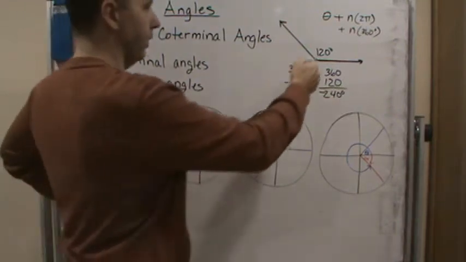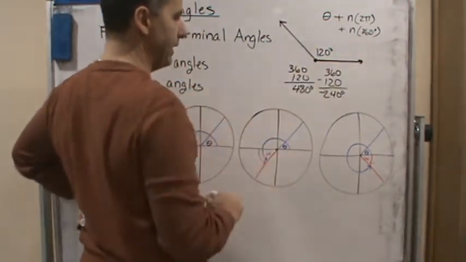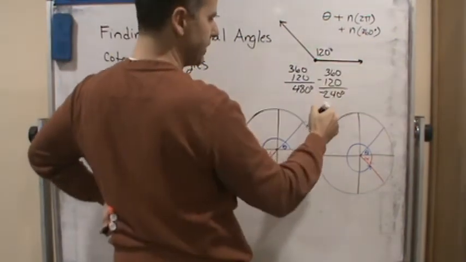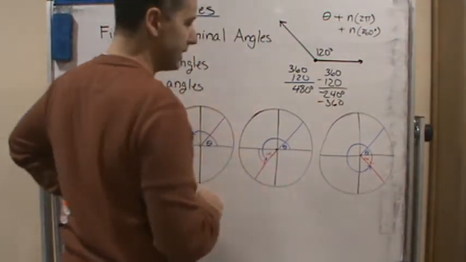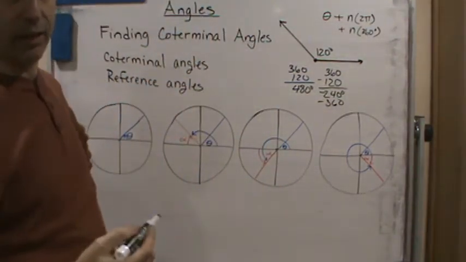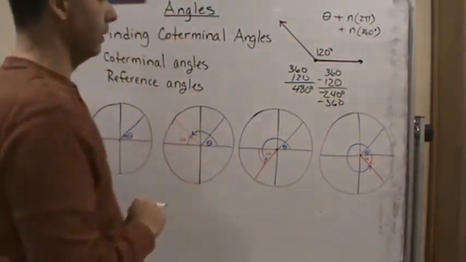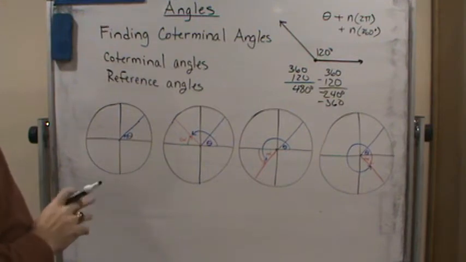Because I know this angle and this angle have to add up to 360, but again, I'm going in the negative direction, okay? And then I can keep subtracting 360. So if I subtract another 360, well, that gives me negative 600 degrees, which also represents the same angle.